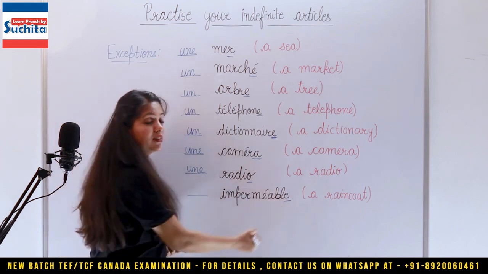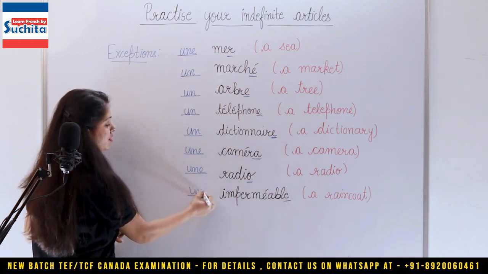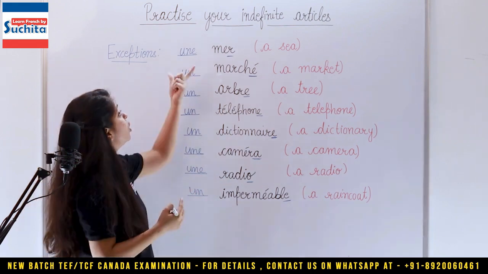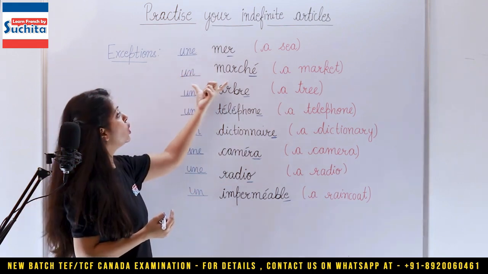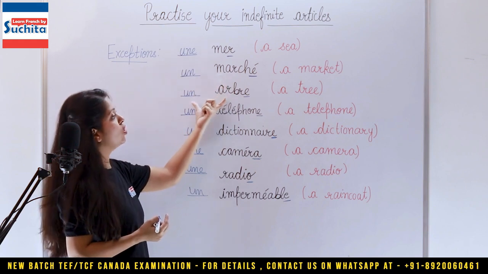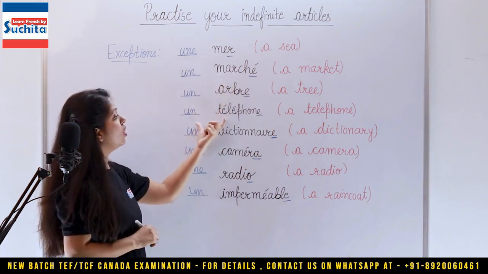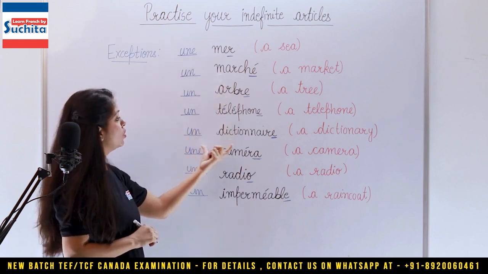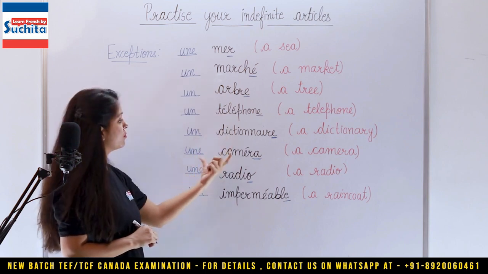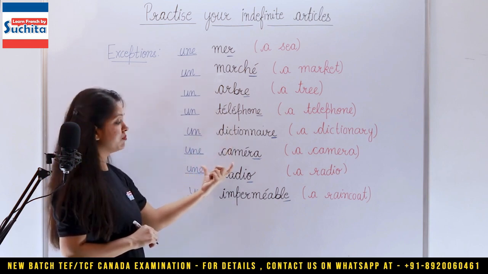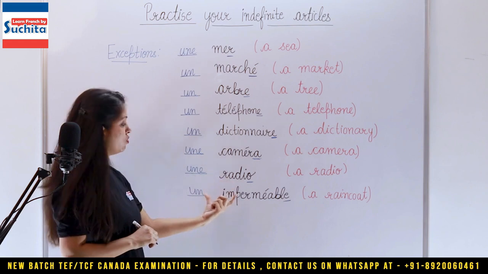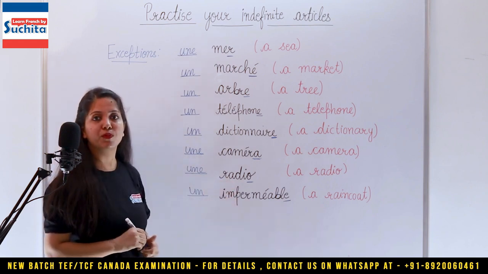Since it ends with the letter E, it is going to be masculine because it is an exception. So je répète: une mer, un marché, un arbre, un téléphone, un dictionnaire, une caméra, une radio, un imperméable.